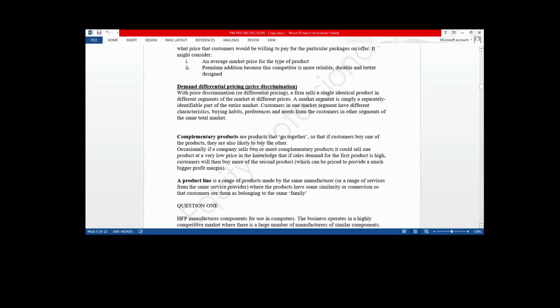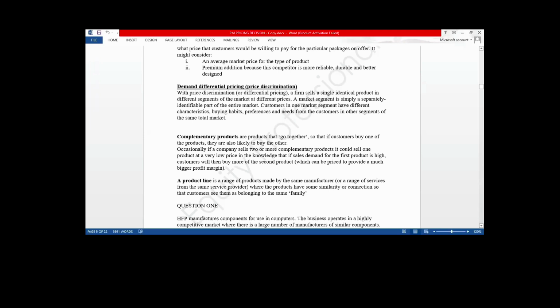So at times you can have complementary product pricing. It means that because the two products are complementary, you are aware that if a customer buys product A, that customer will be forced to buy product B.